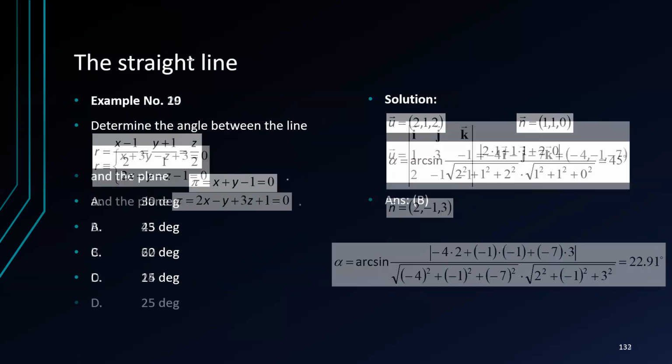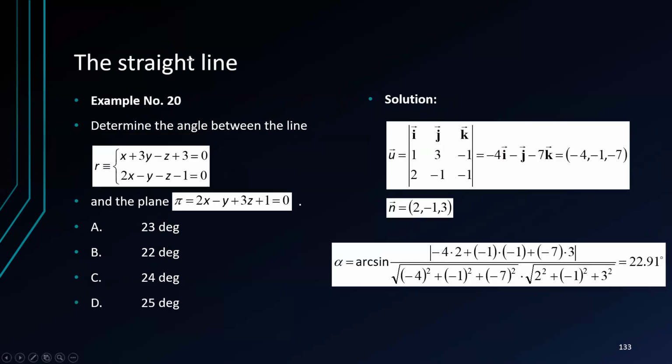Ito B. Then determine the angle between the line R: X plus 3Y minus Z plus T is equal to 0, then 2X minus Y minus Z minus 1 is equal to 0, and the plane pi: 2X minus Y plus 3Z plus 1 is equal to 0. Solution.